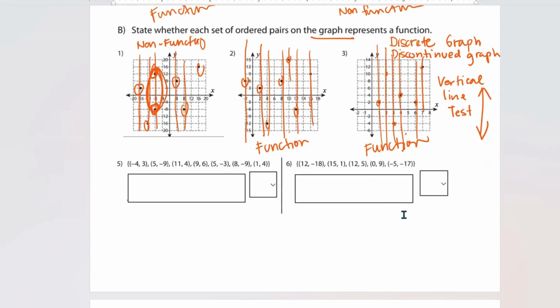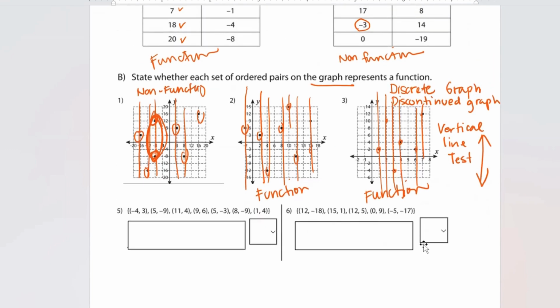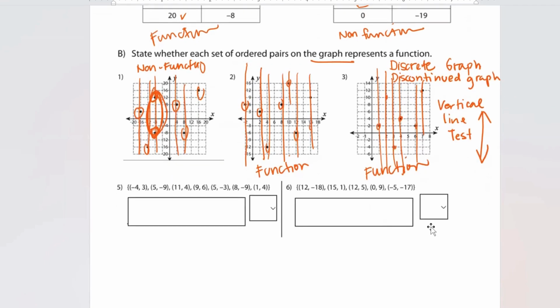Here we go. Question number 5 and 6, we call this a set of ordered pairs. Now, the same steps. You're going to look at only the domain, the x, to find if this is a function. When x is not repeating, there's no repeated number on x, then it's a function. Let's start with number 5: -4, 5, 11, 9, 5.